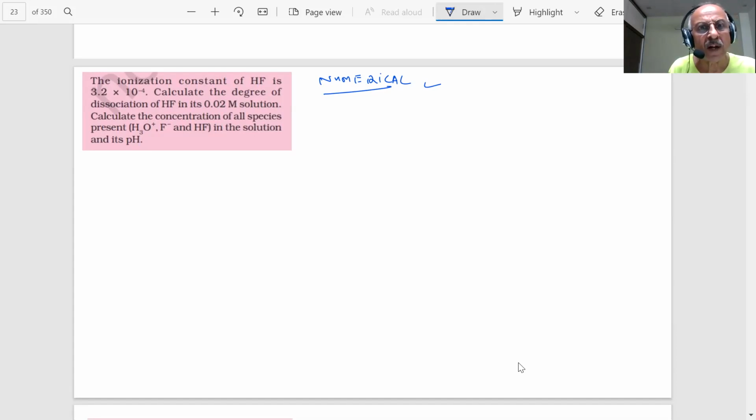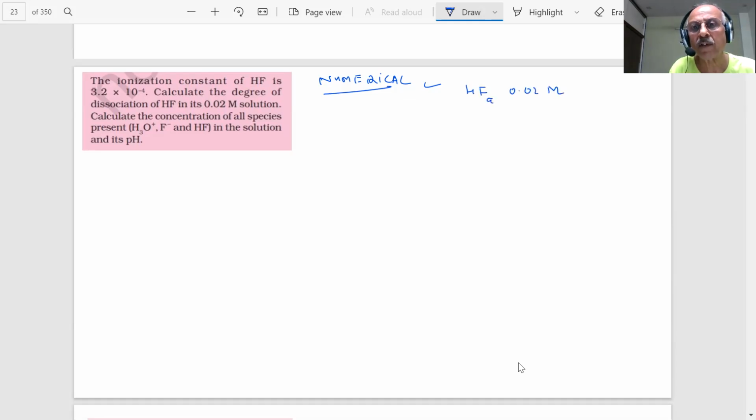Okay. The ionization constant of HF. Important point to note is that we are asked to calculate the degree of dissociation of HF, 0.02 molar.